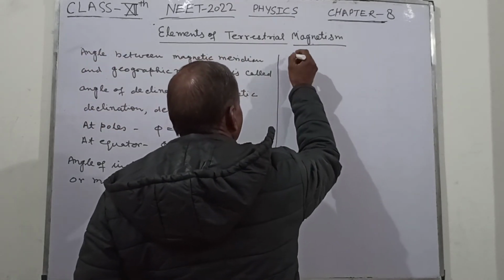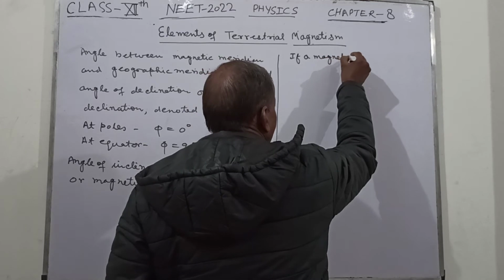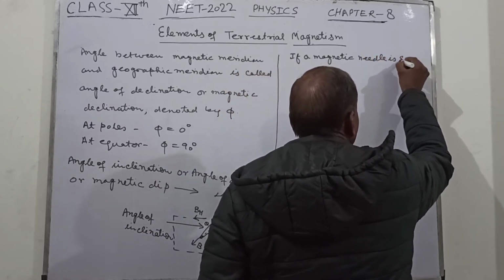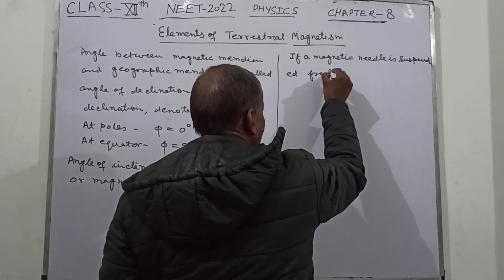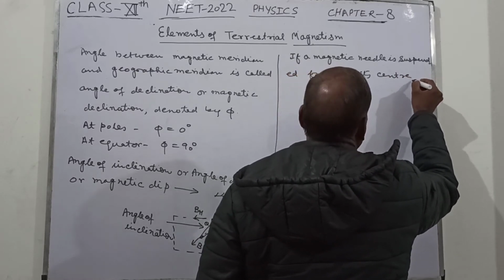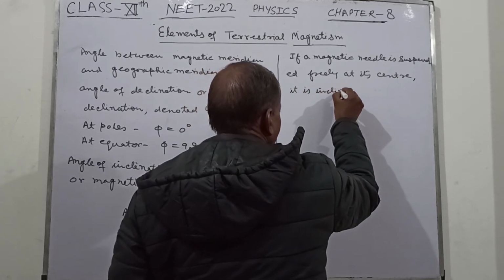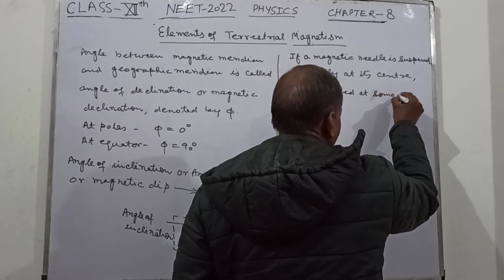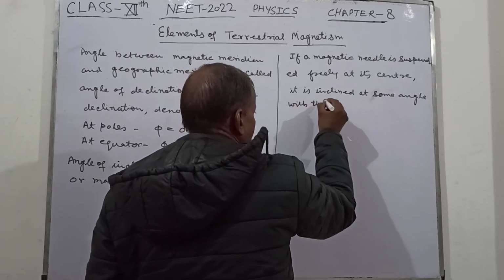If a magnetic needle is suspended freely at its center, it is inclined at some angle with the horizontal.